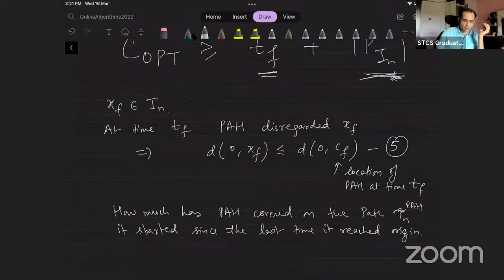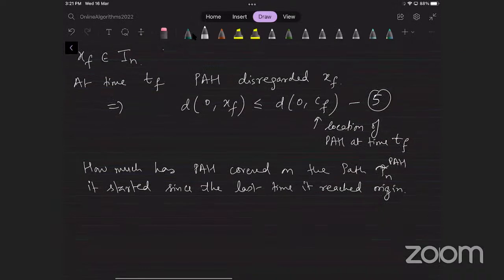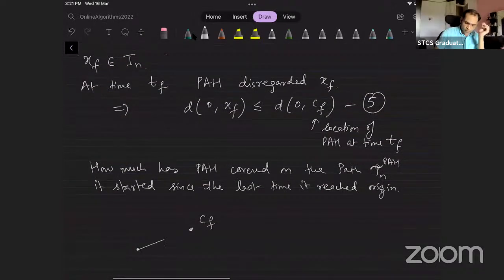At least distance D of 0, XF. See, the current location is CF from the origin, and XF happens to be here. So the distance I have traveled is at least D of 0, XF.